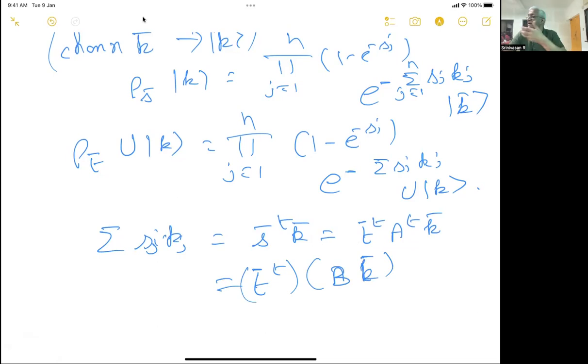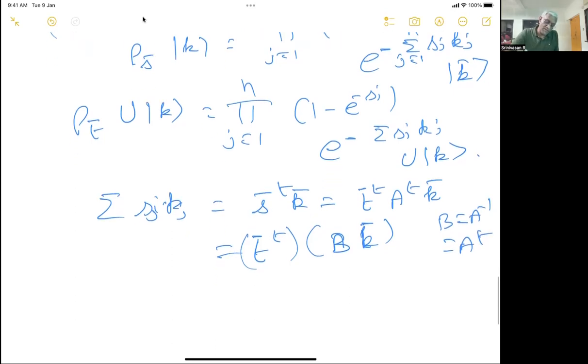Because A and B are permutation matrices, in particular they are unitary matrices, so transpose is the inverse. Since B is equal to A inverse equal to A transpose. So this implies U of K is nothing but B of K. B is just a permutation matrix, it just permutes the K.